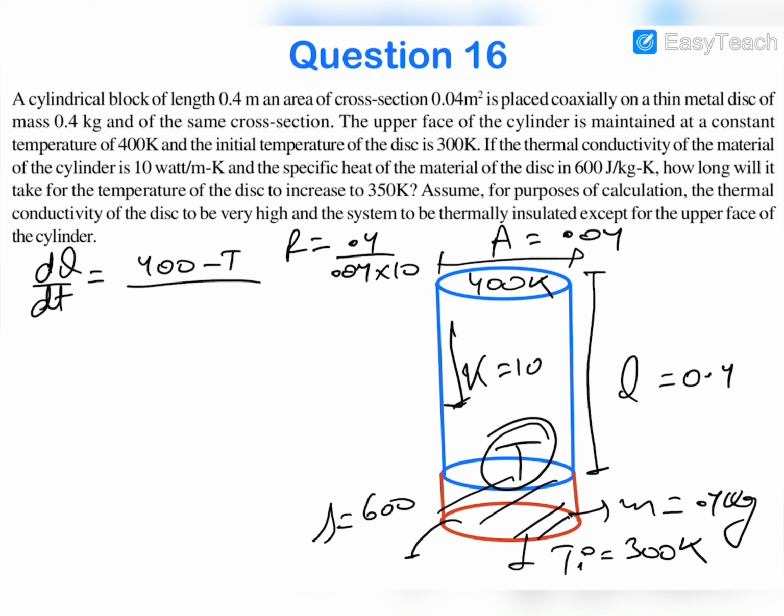So you can see that R is equal to 1. Now this dQ is the heat given to the disc.